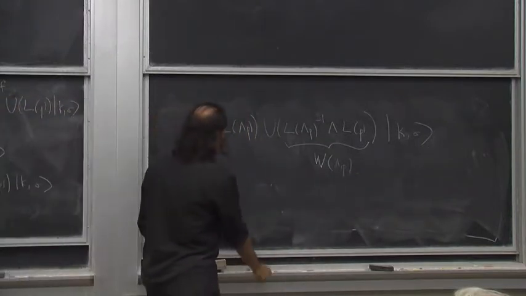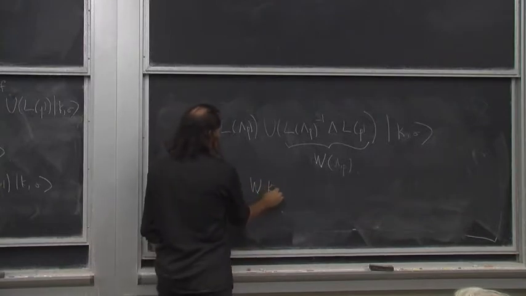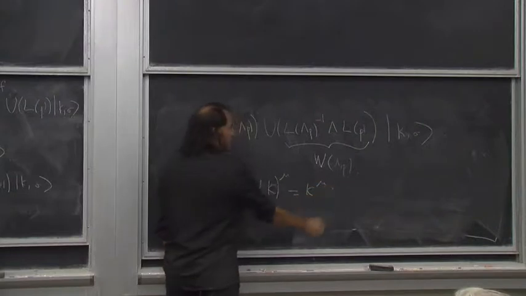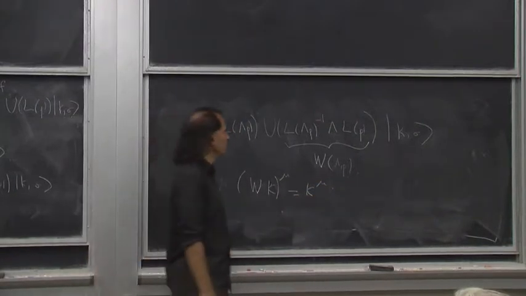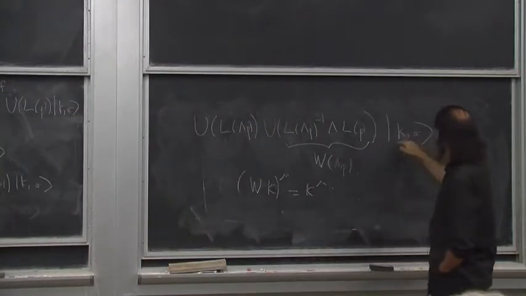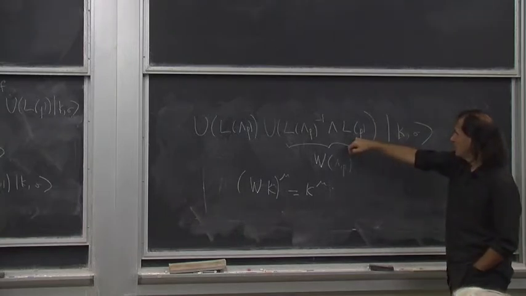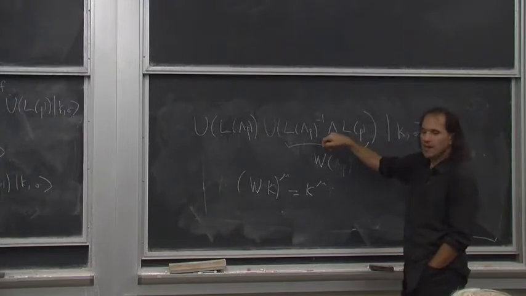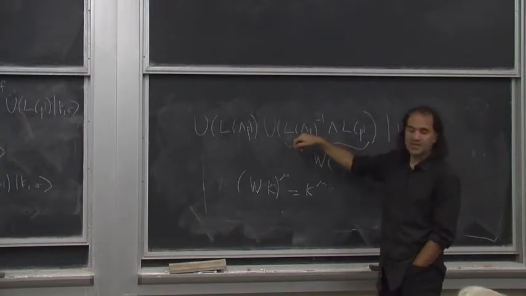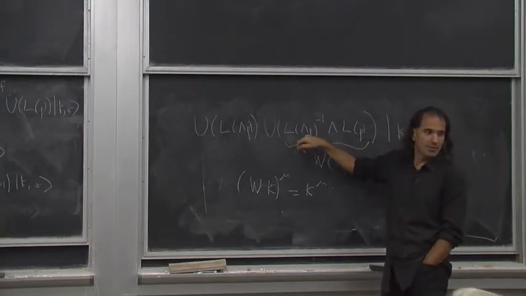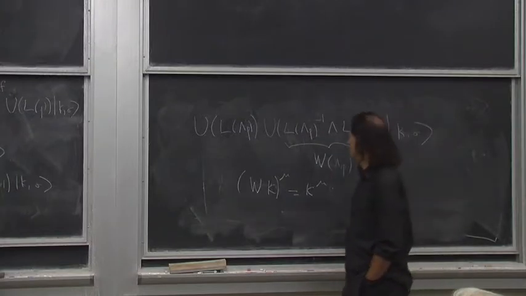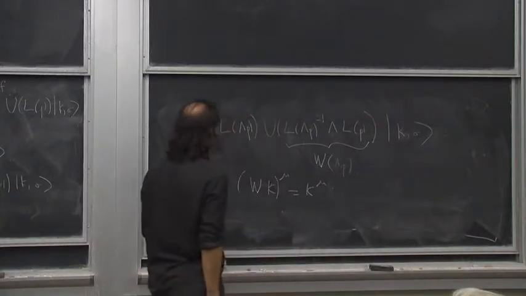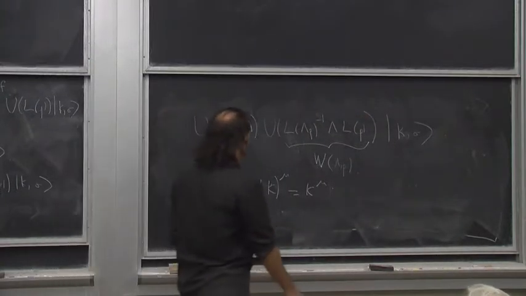But W has the important property that W on k is equal to k. W k^μ is equal to k^μ, right? Because L sends k to p, to lambda p, and then this sends it back to k. All right? So this is some W such that Wk is equal to k. Now that's the famous little group.